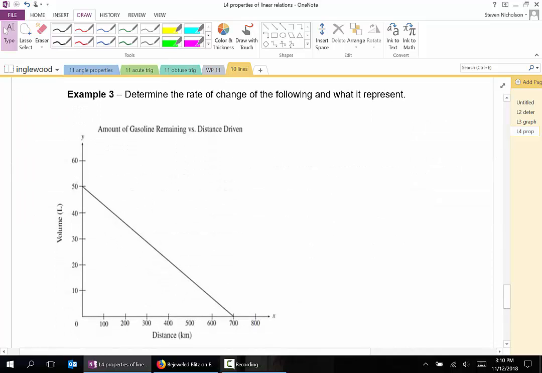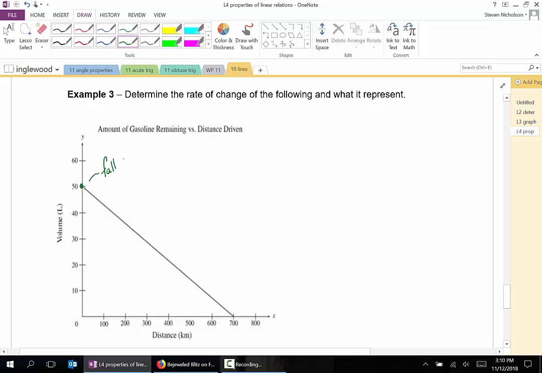So here's one last example. Determine the rate of change of the following and what it represents. Here's a little picture, and it's the amount of gas remaining versus distance driven. Again, the further you drive, the more gas you burn. The less you drive, the less gas you burn. So the amount of fuel you use depends on how far you've driven. This point right here represents a full tank of gas, right?